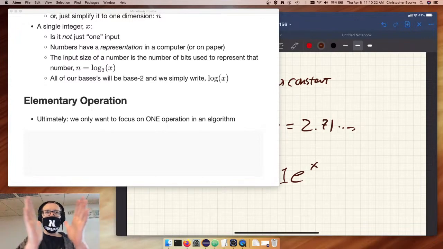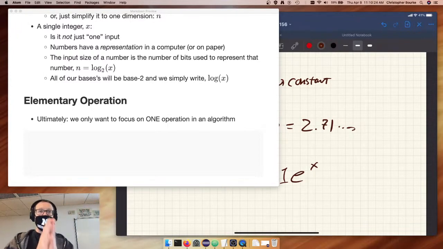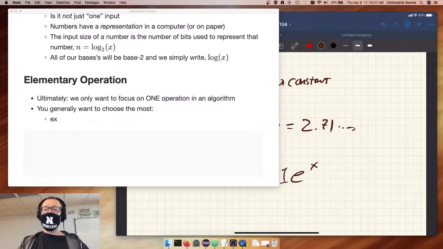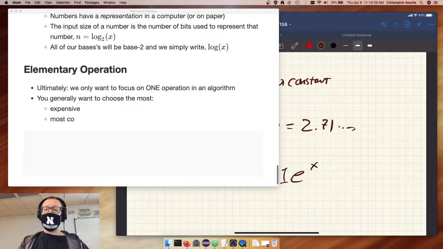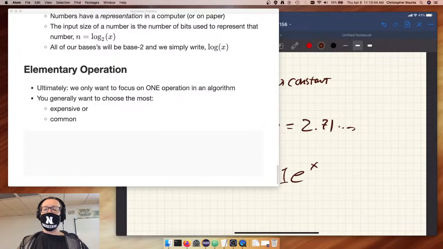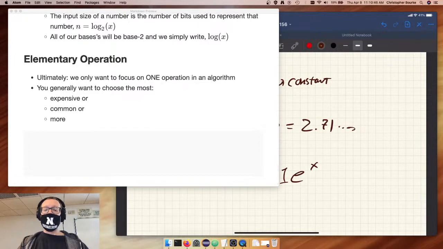We want to focus down onto one operation because that's going to quantify all the rest of the work, right? And when you do that, of course, you generally want to choose the most expensive or most common or most relevant operation. Right?